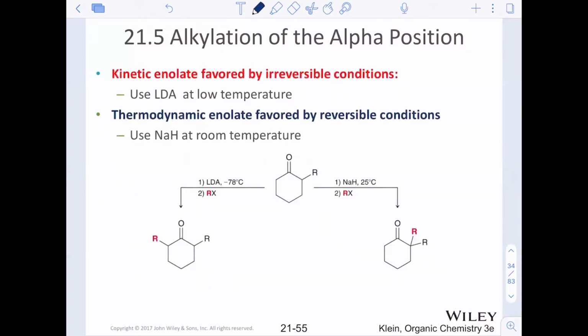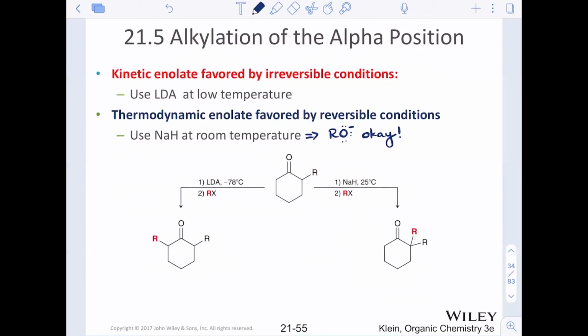Okay, kinetic enolate is always favored by irreversible conditions, LDA at low temperatures. Thermodynamic enolates are favored by reversible conditions. This could be using NaH at room temperature. You can also use alkoxides at room temperature, but in real life, you probably wouldn't use those. Typically, one of these two will be our setups.